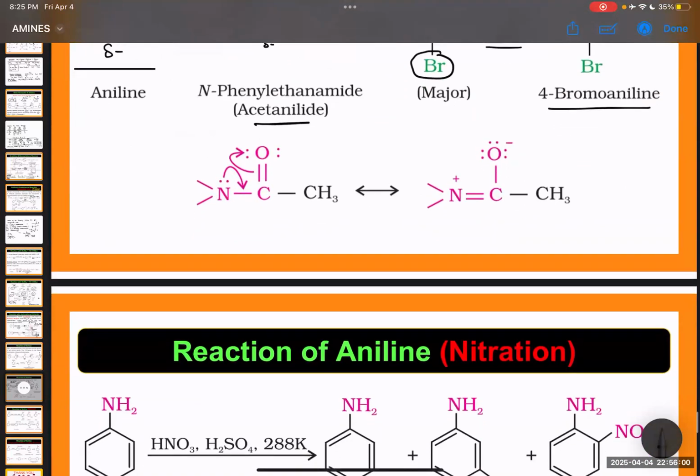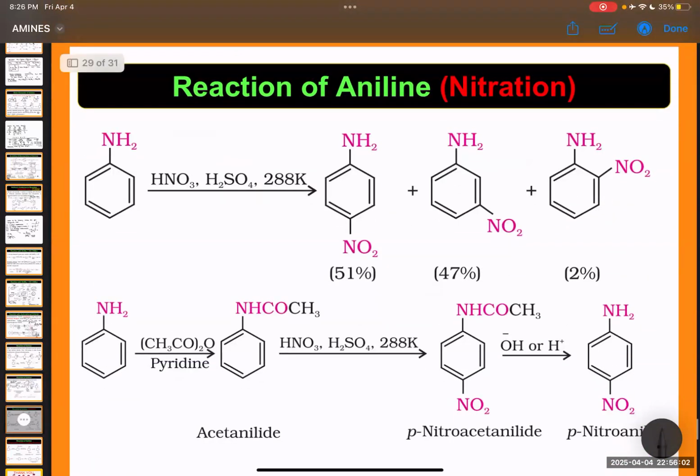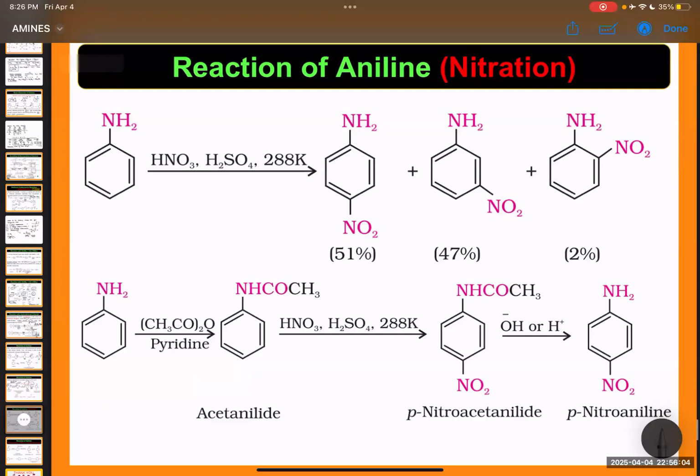And this is a reaction which has been asked many times in JEE Advanced also, and in a lot of examinations, JEE Advanced, JEE Main. Got it? Very common reaction.